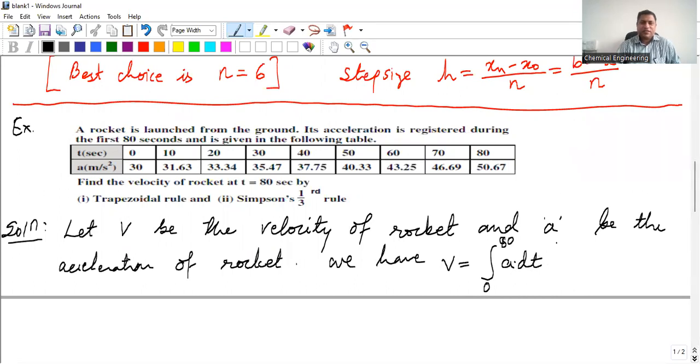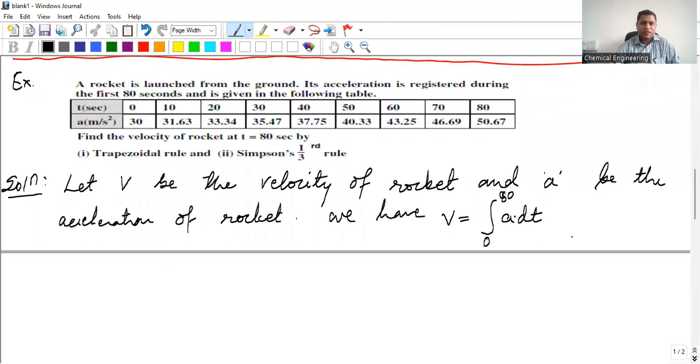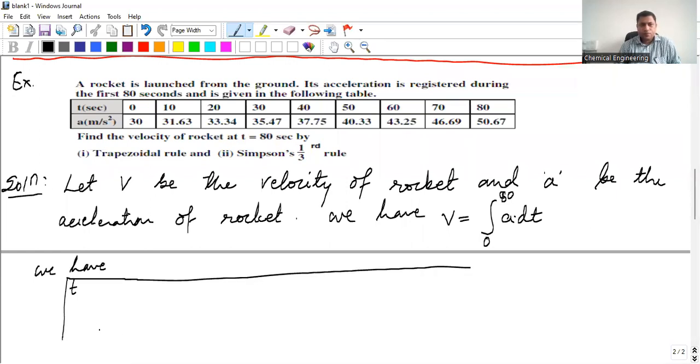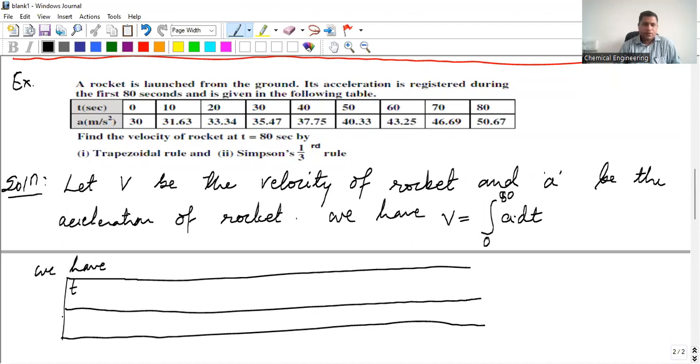Yes, sir. Okay, that's good. So what is the given data? It is given t in seconds and the corresponding acceleration in meters per second square.